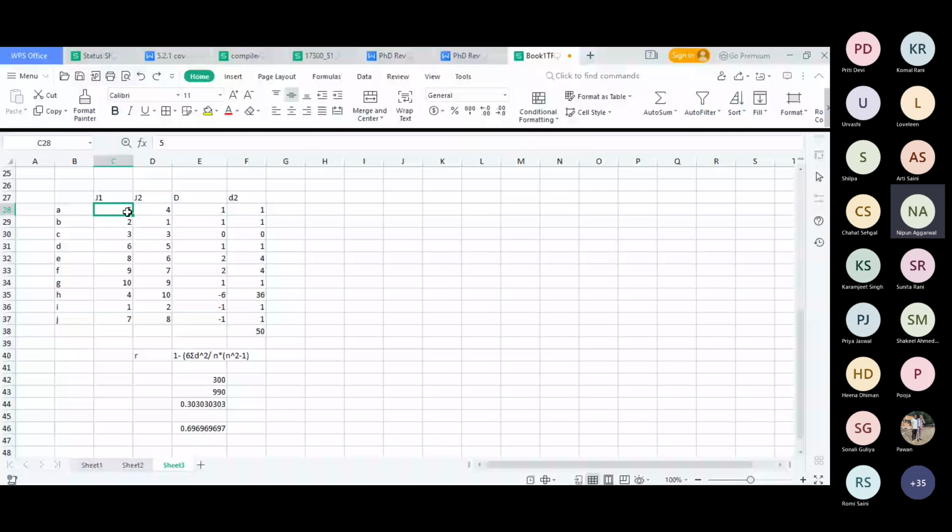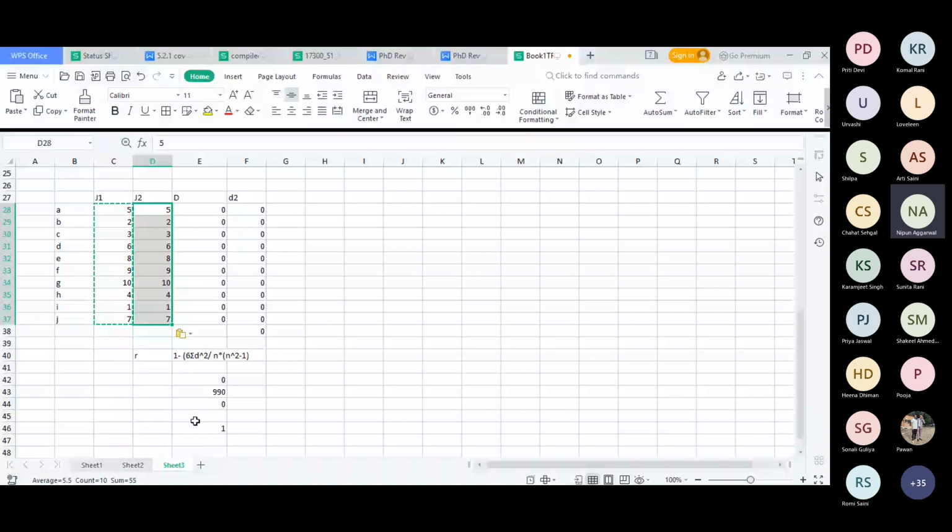So I have copied the same data. Let's suppose the same ranks given by judge 1 are also given by judge 2. So it should be a case of perfect positive, and the answer for perfect positive is +1. You will see that if I copy this data of the same rank 1 to rank 2, the answer logically comes out to be 1. Once I paste this, the answer comes out to be +1 also.